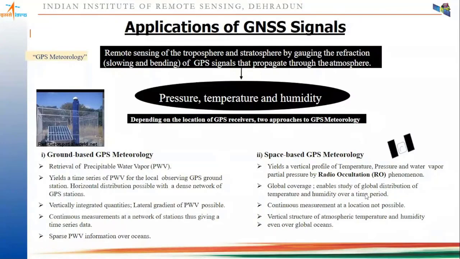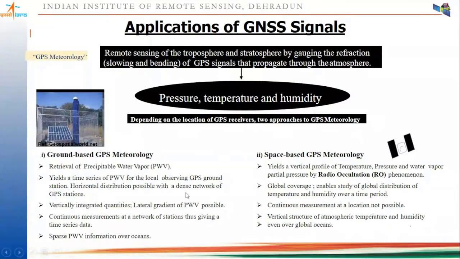We can get the vertical structure of the atmosphere, temperature, and humidity even over the global oceans. In the first case, the ocean had restrictions because of the non-availability of ground-based static stations, but in the second case we can get data over the ocean also. But continuous data at one place is not possible.